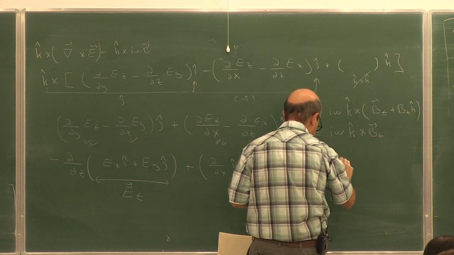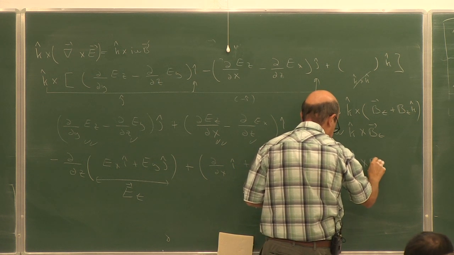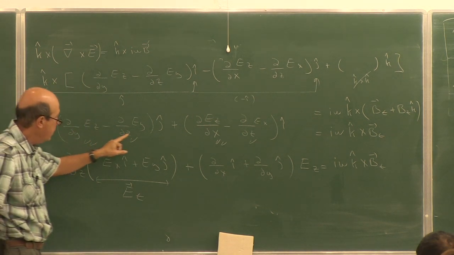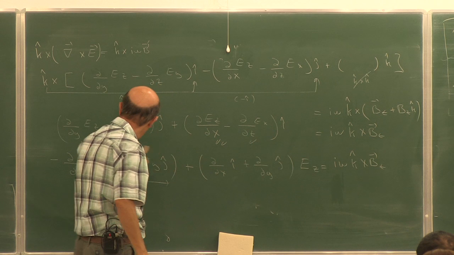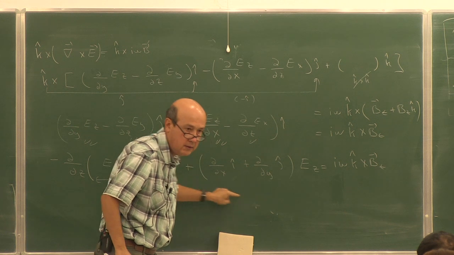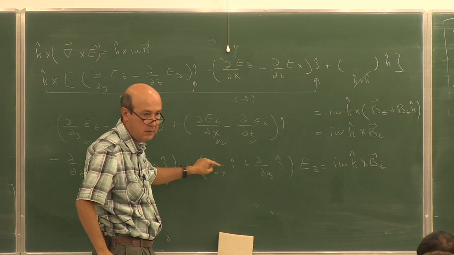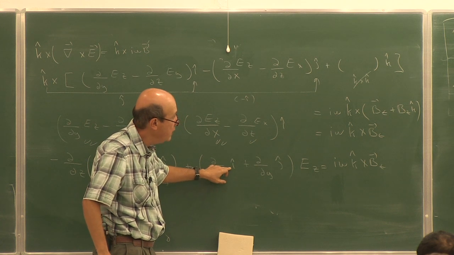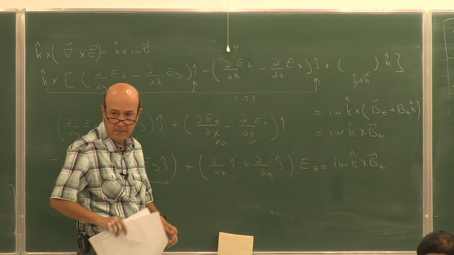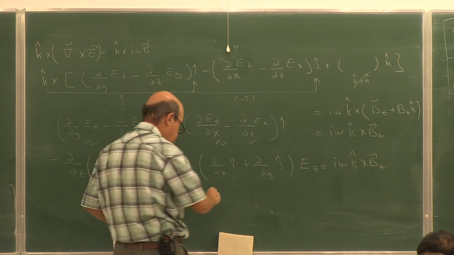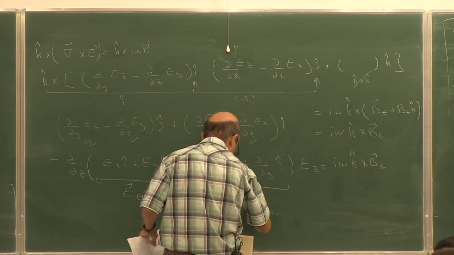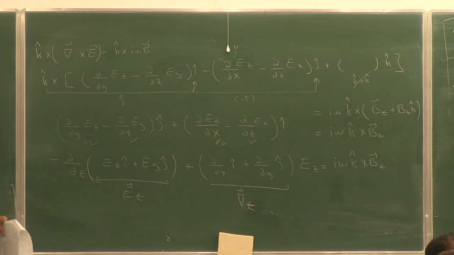And the right hand side is i omega k cross B transverse. Do you agree? Look at this: del over del x i plus del over del y j. What is this? That is a gradient operator in the transverse direction. Okay?